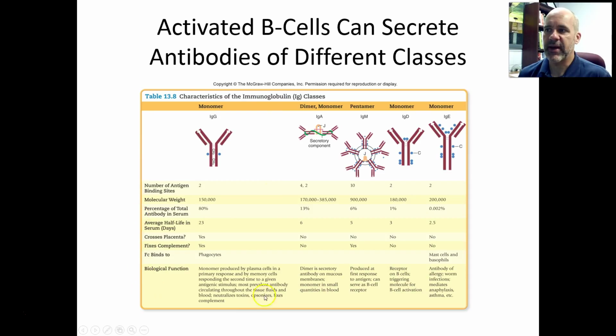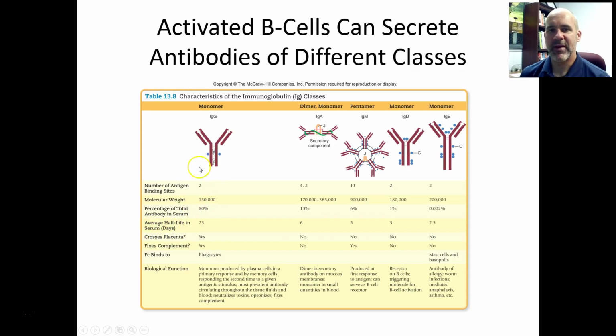And this table's pretty nice. It shows us how many antigen binding sites: one right there, one right there. So that's going to be 2. So IgG antibodies could bind to 2 separate copies of the same antigen. Molecular weight is given there, 150,000. What percentage of the total antibodies in your serum, that's your blood fluid? 80%.